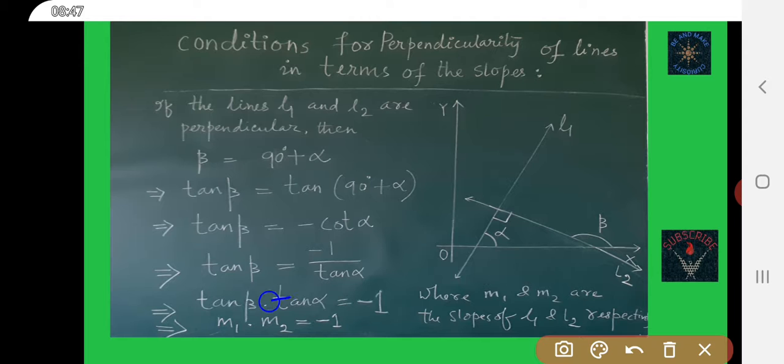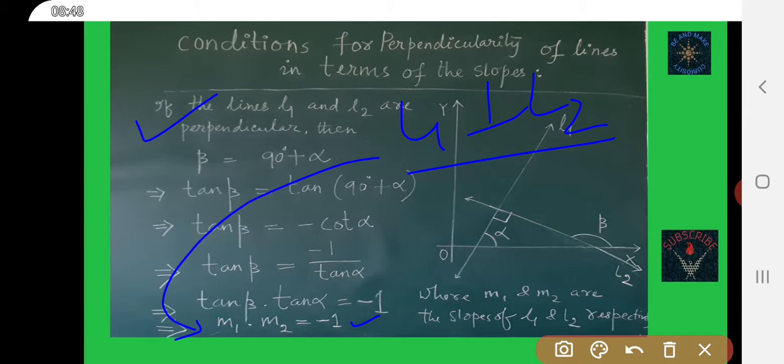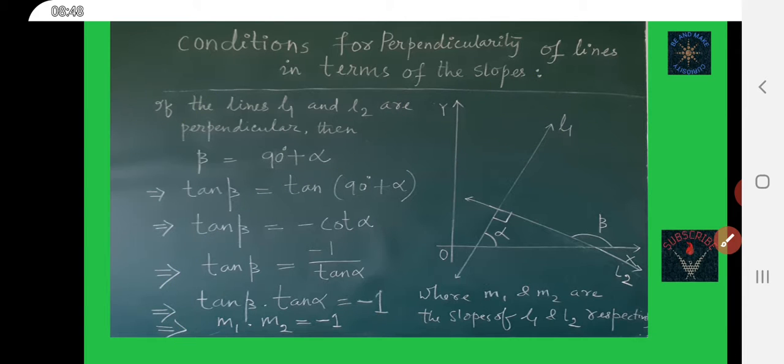Okay, so you can write M1 M2 is equal to minus 1, where M1 and M2 are the slopes of L1 and L2 respectively. Okay. Here what did we prove? Now if L1 is perpendicular to L2, then we have that the product of the slopes of the two lines is equal to minus 1. Now we shall prove the converse.